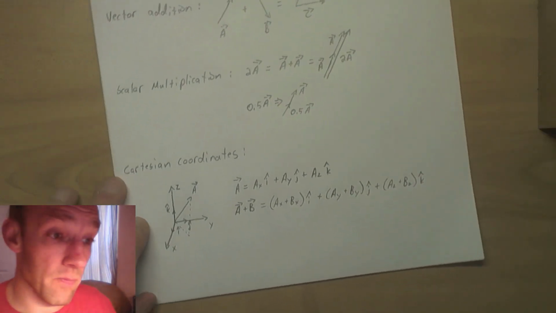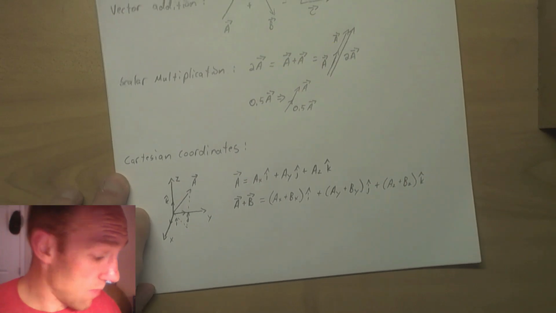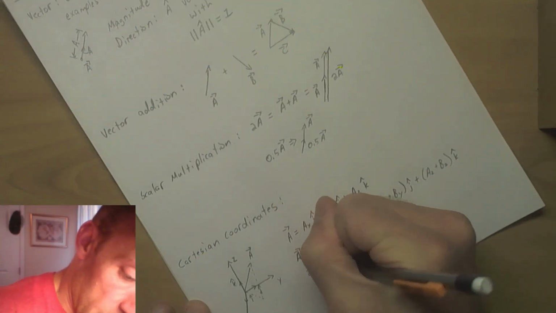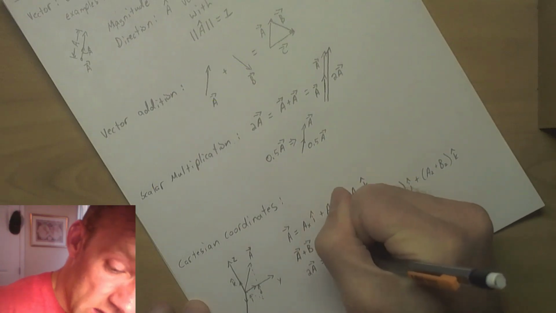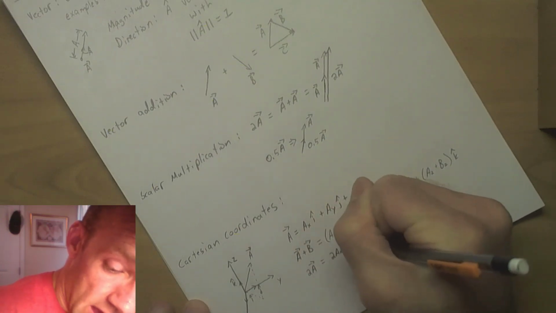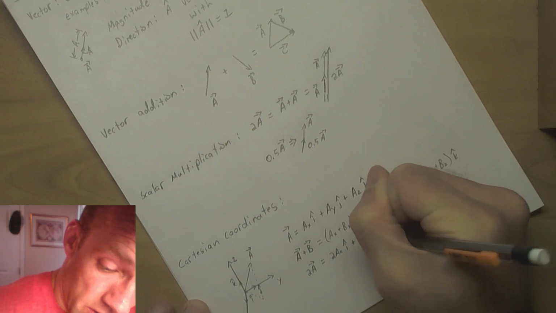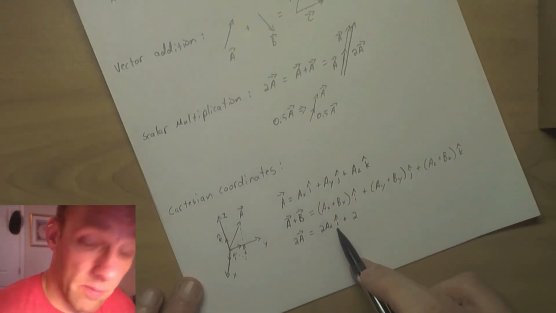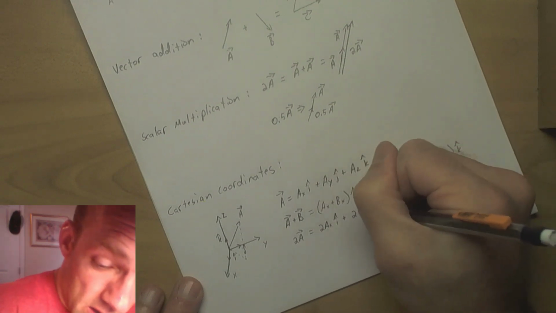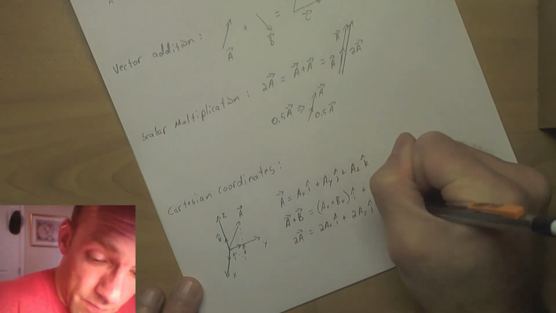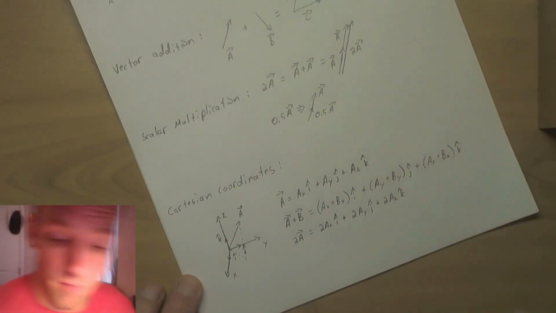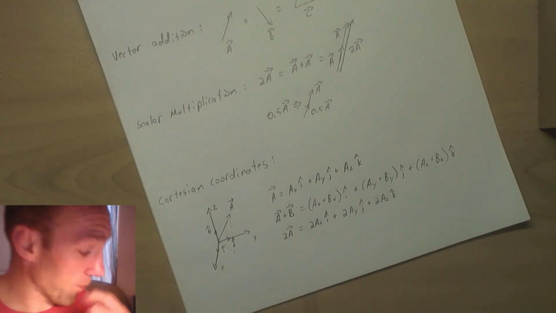And then likewise for scalar multiplication, say if I want 2 times A, that's just going to be 2 times Ax multiplied by i, plus 2 times Ay multiplied by j, and same for the z coordinate.